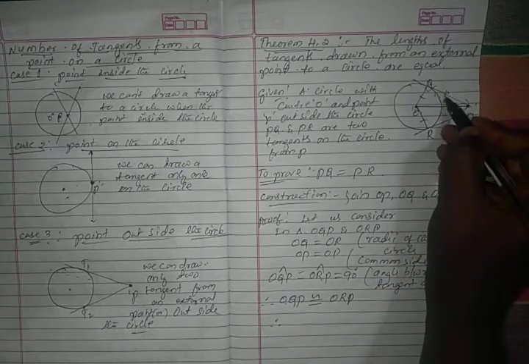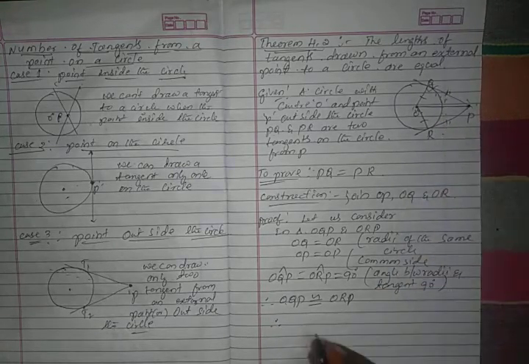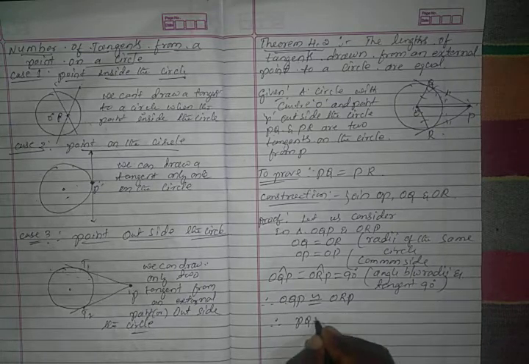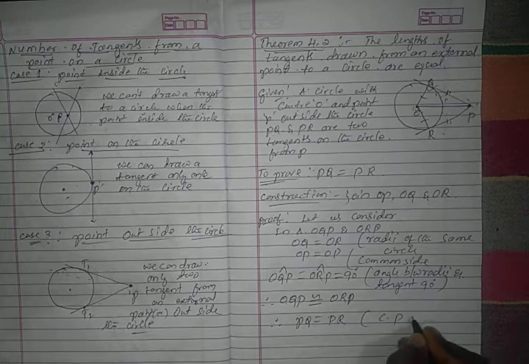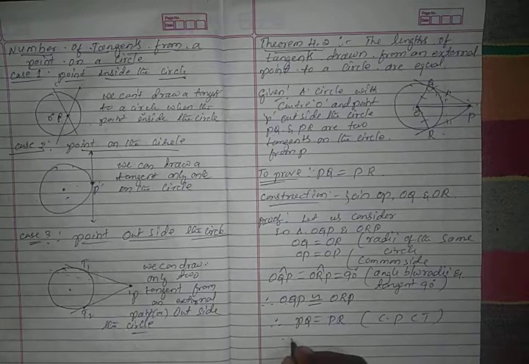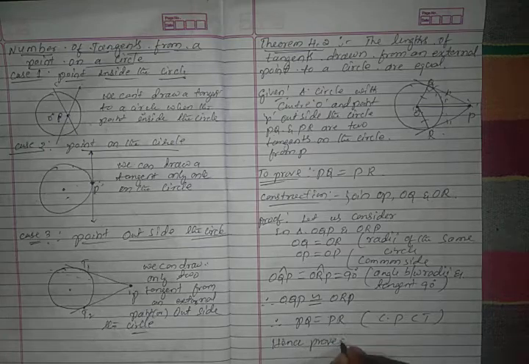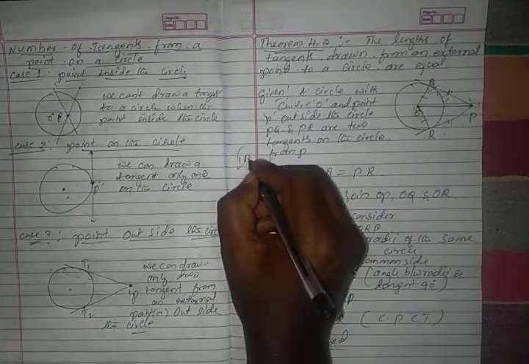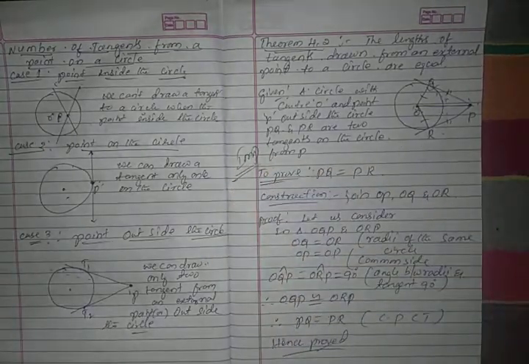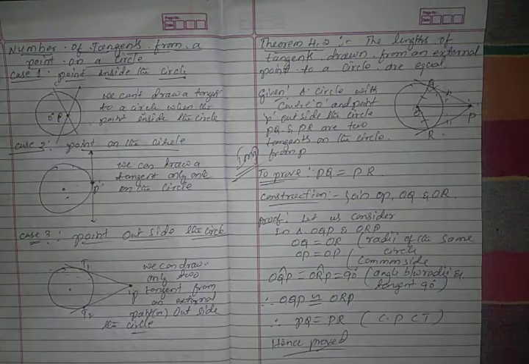Therefore the remaining sides, PQ is equal to PR. The reason is CPCT. Hence it is proved. This is a very important theorem. They will ask it in the examination as a 3 marks question.